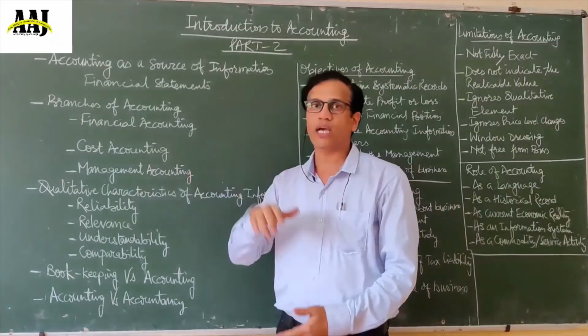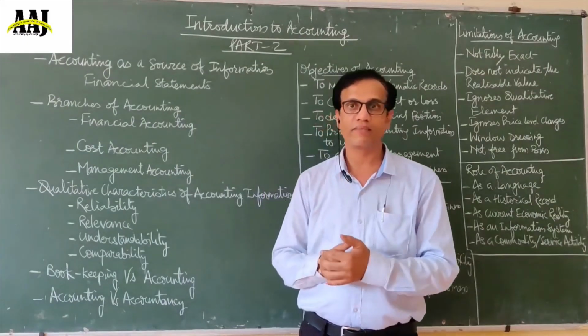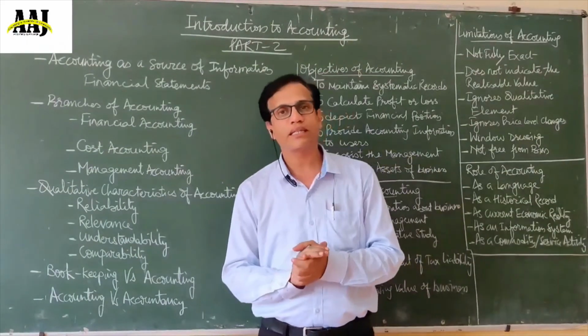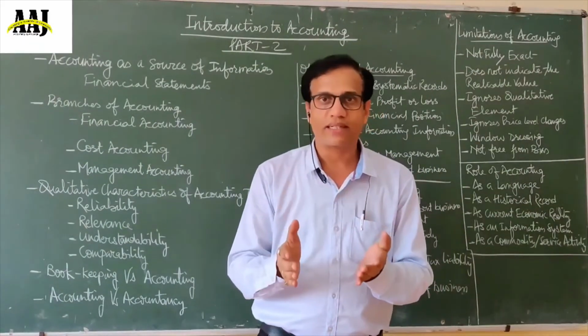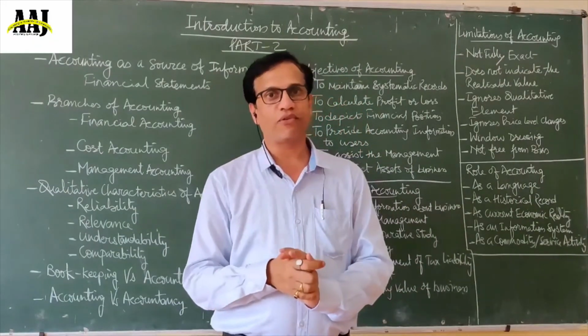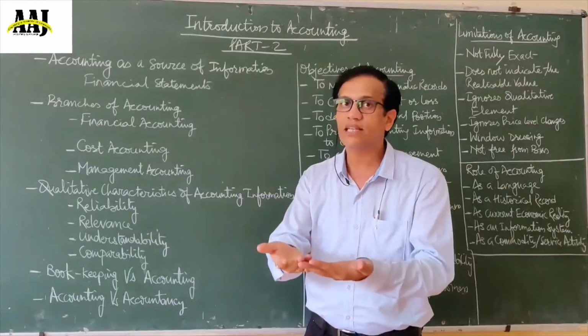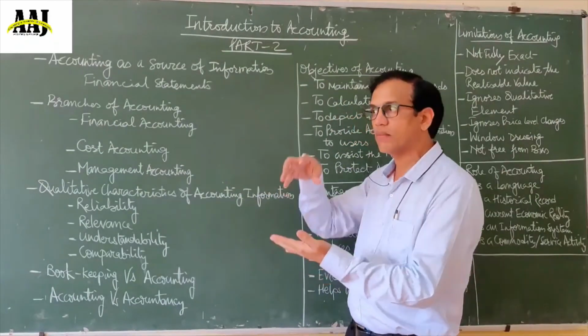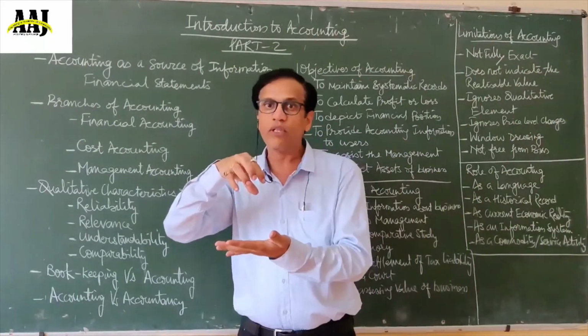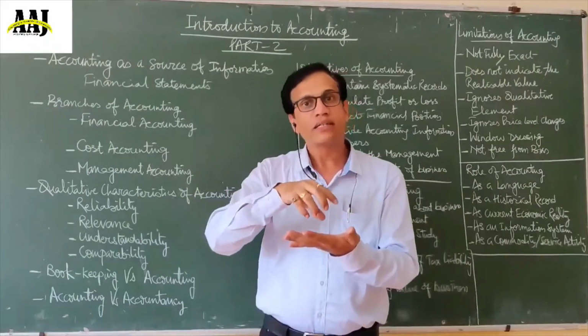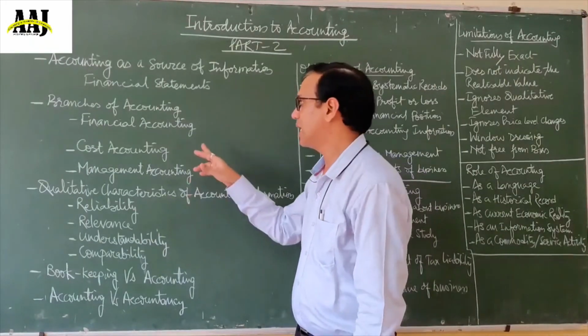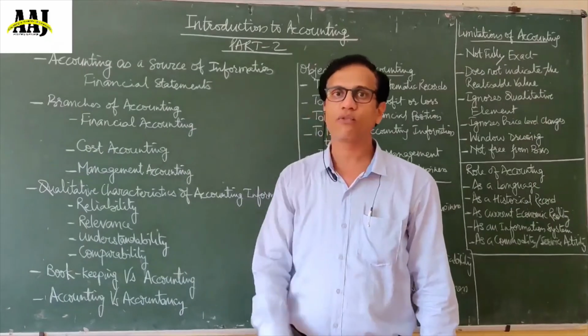The cost of a product is determined. The cost of a service is determined so that the selling price can be fixed, so that any overheads, that means any expenses which can be controlled, can be controlled with the help of tools and techniques of cost accounting.